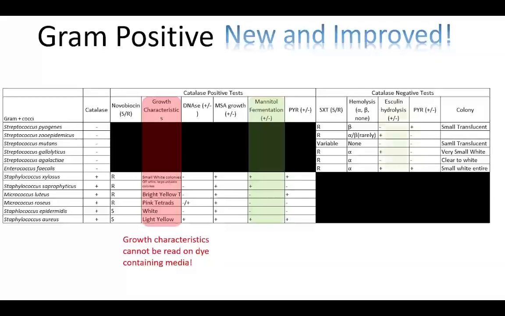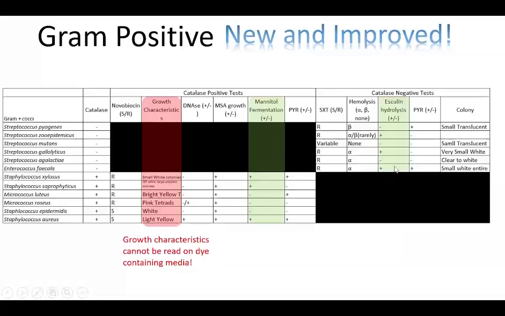Okay, now the next one is the catalase negative tests. The most consistent one is esculin. It's really hard to have an error on the esculin test. So there is one variation with this one that I want to talk about. Within the esculin test, you've got Streptococcus zooepidemicus, Streptococcus gallolyticus, and xylosus.